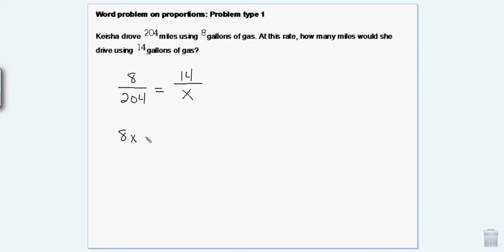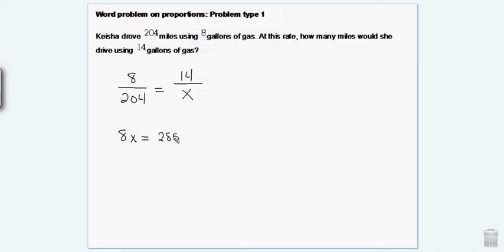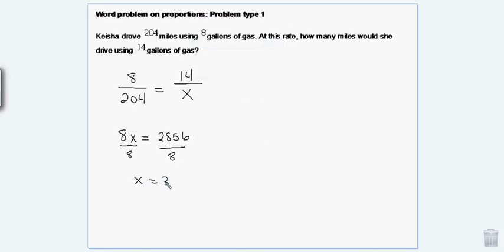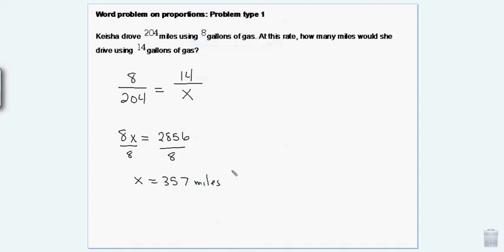So I get 8x is equal to 14 times 204, which gives me 2856. Divide both sides by 8, and you get 357 miles.